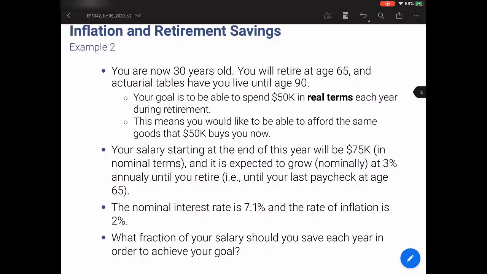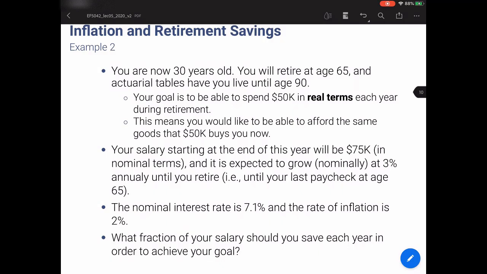According to insurance companies and their analysts, based on your habits and your other characteristics, you will live until the age of 90. All right, so let's do some planning for your retirement. So once you reach the age of 65, your goal is to maintain a spending of 50,000 US dollars in real terms for each year until 90 years old.